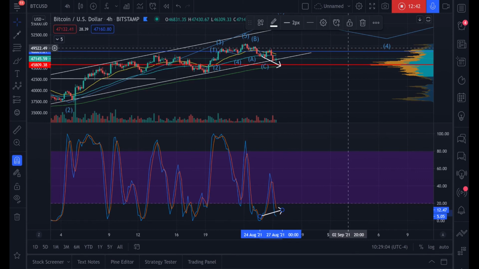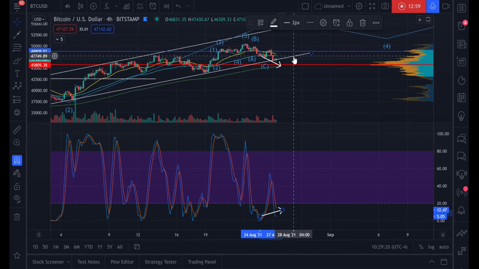If we do not open and close above on a higher time frame, minimum 4-hourly chart, then expect a retest of this bottom trend line, and we may not bounce this time. We may breach the bottom boundary of our ascending channel and finally correct.